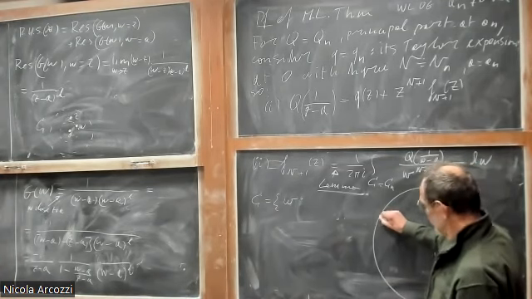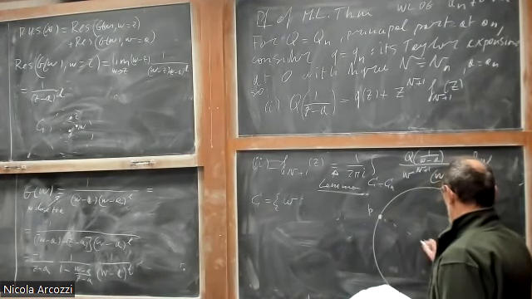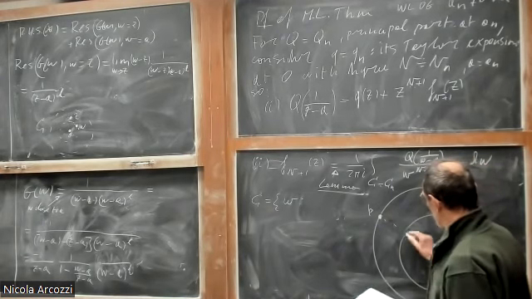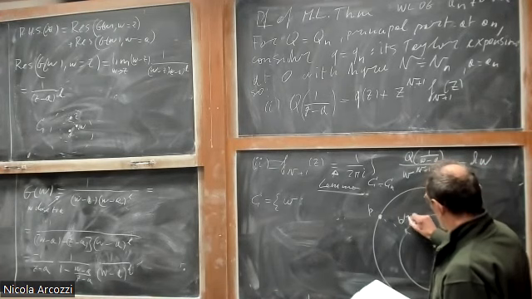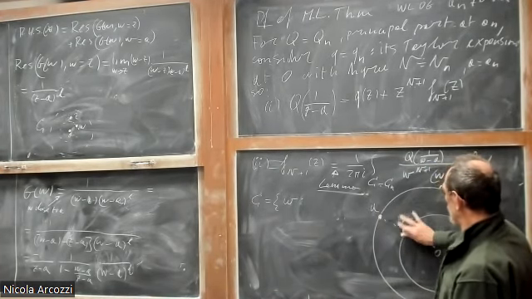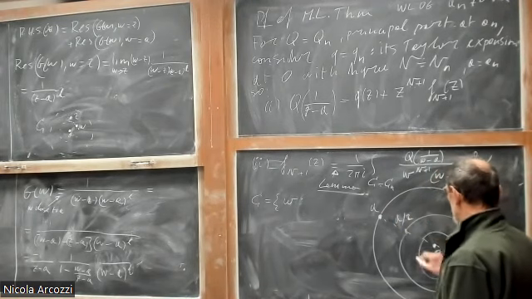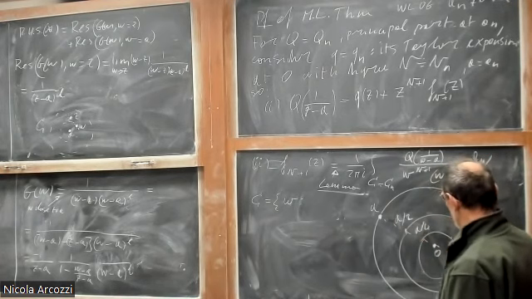Then we have somewhere over here B, then we consider A over 2, and then A over 4.